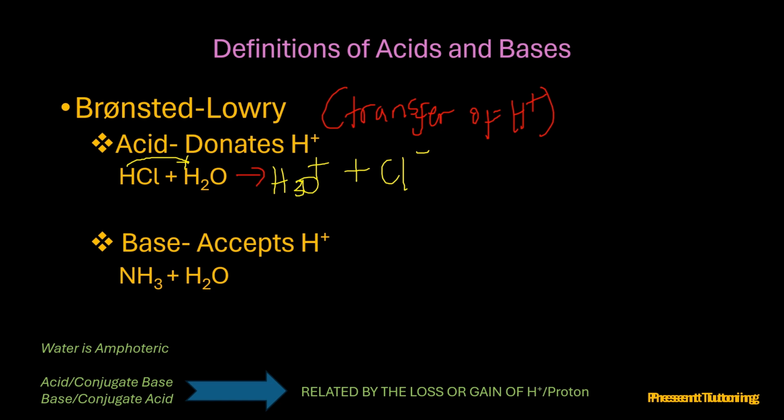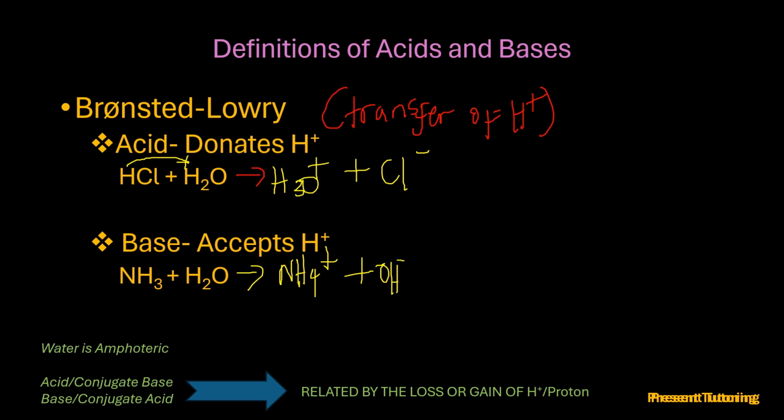And then looking at the definition for bases, bases are what are accepting the hydrogen ion. So in the case of ammonia, you can have ammonia reacting with water, and then that produces NH4+, which is the ammonium ion, and then you can also get an OH-.